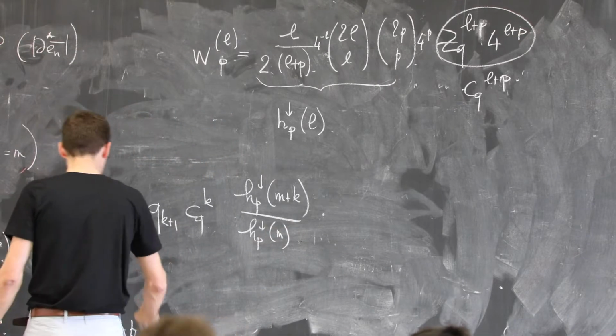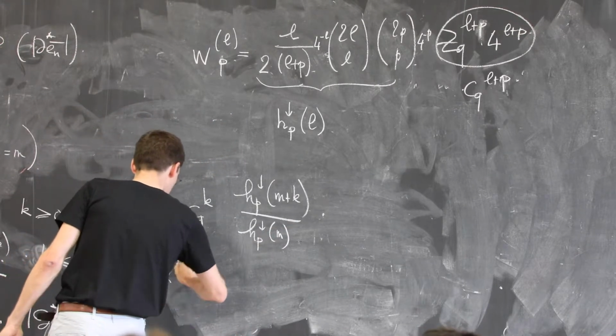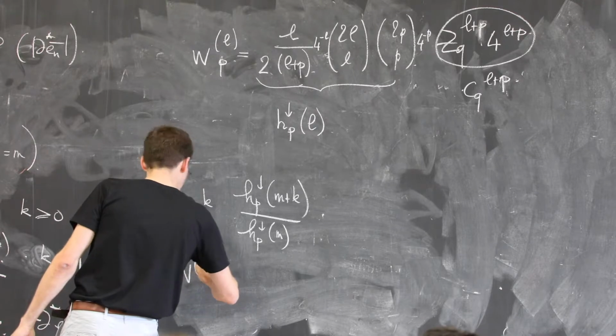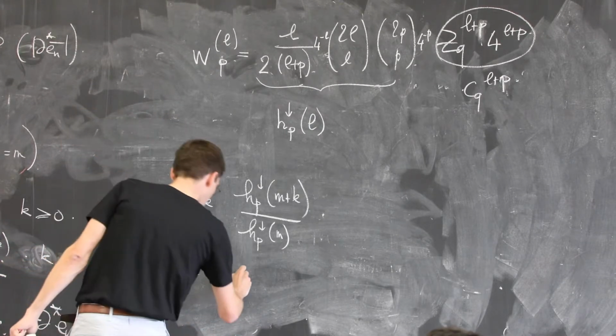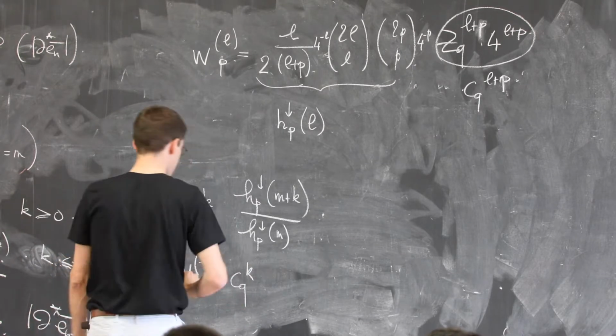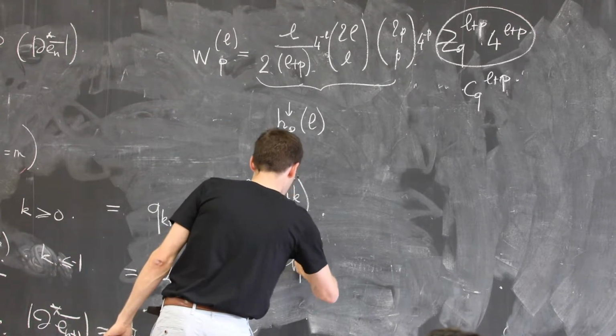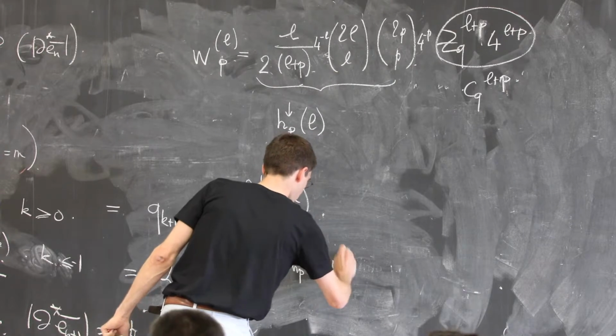This is equal to that. This is equal to 2W minus K minus 1. How much do I drop? I drop C to the K. And I also have my ratio of functions.